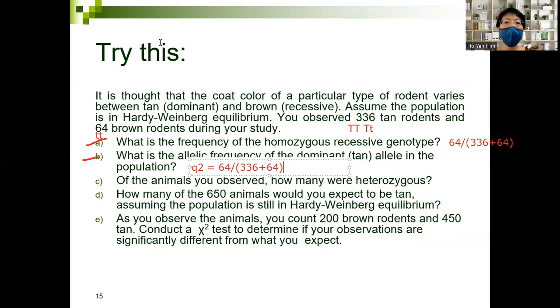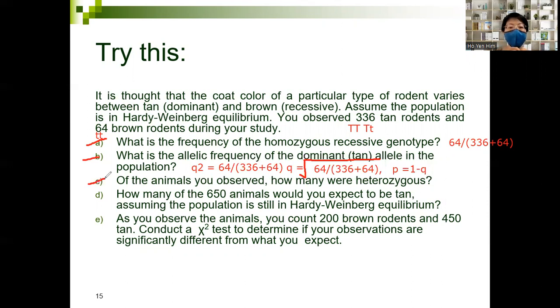So therefore q is equal to the square root of 64 divided by 336 plus 64. So therefore, p is equal to 1 minus q. Correct? So that's the calculation. So what is the actual answer? We check later on. Okay?